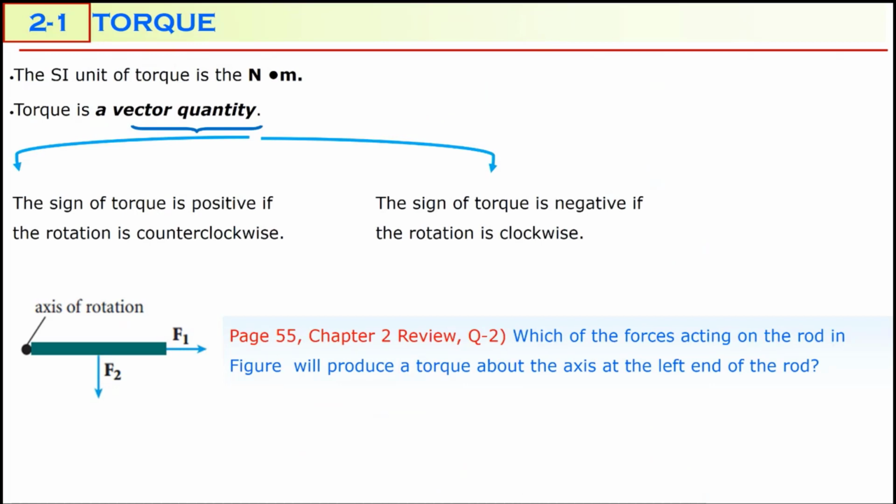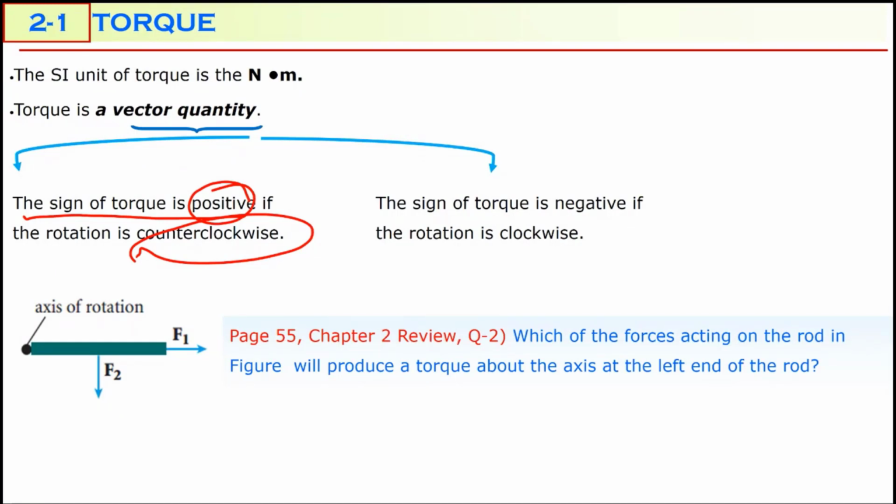Torque is a vector quantity. For that reason, if a torque causes a rotation counterclockwise, the sign of the torque will be written as positive. Remember, we did the same thing in chapter 1 too. Counterclockwise rotation for angular displacement and angular speed is taken as positive.